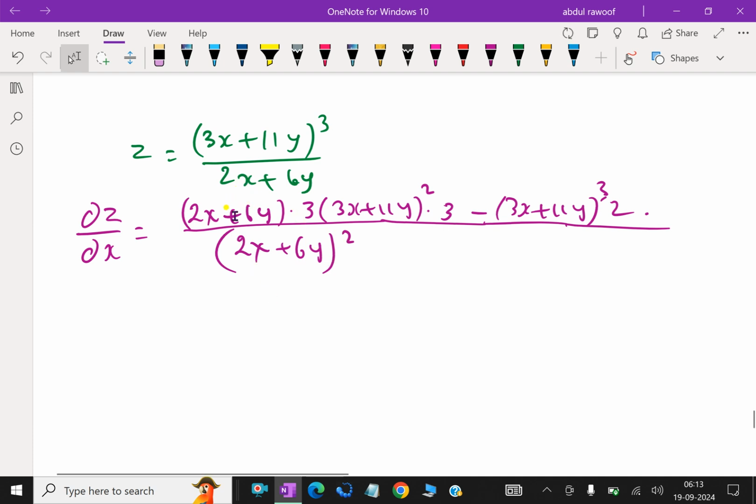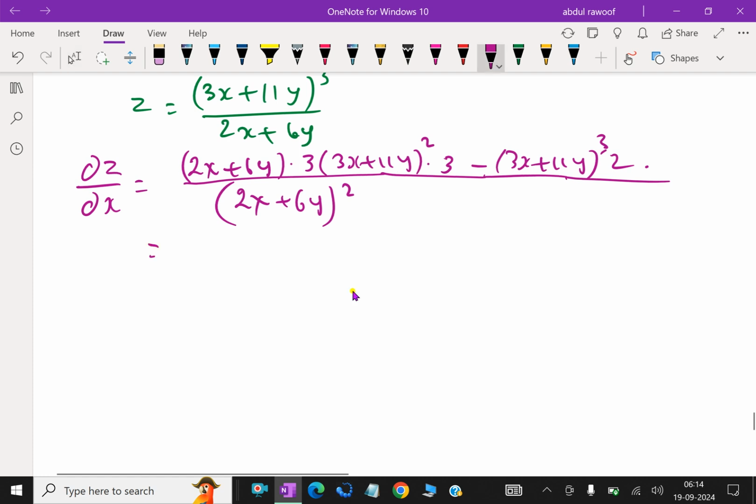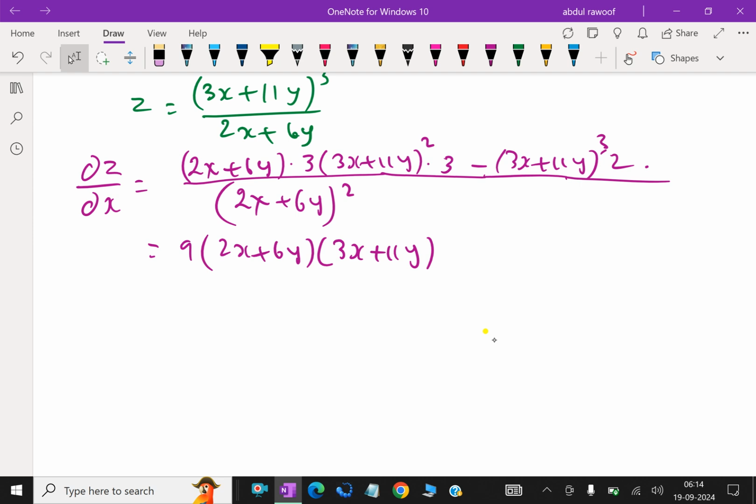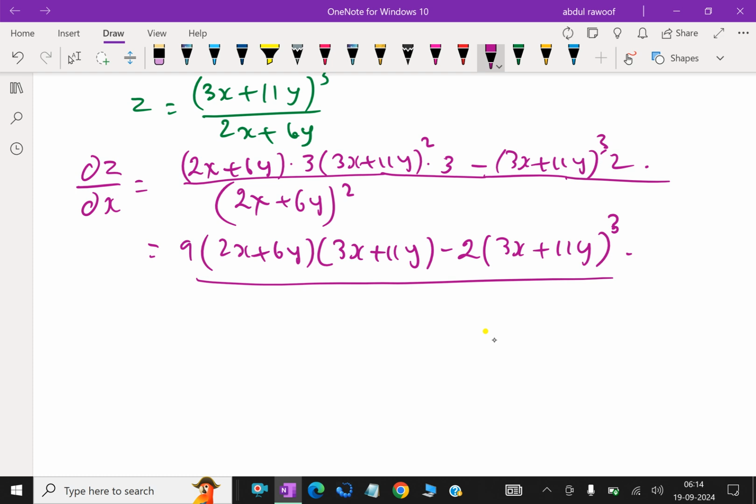Here v square, then v into du, and minus u dv, then which is equal, here 3 into 3 is 9 into 2x plus 6y into 3x plus 11y the square, minus 2 into 3x plus 11y the cube over 2x plus 6y the square.